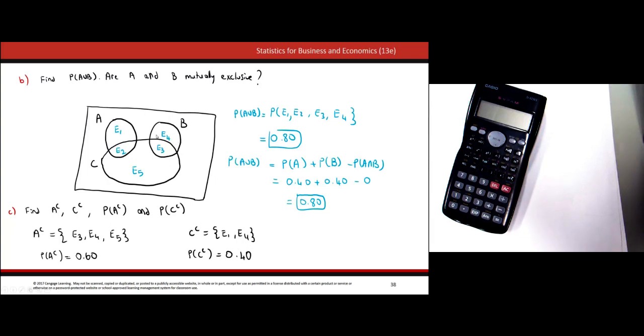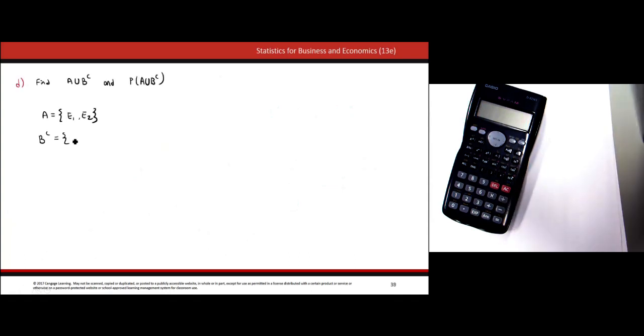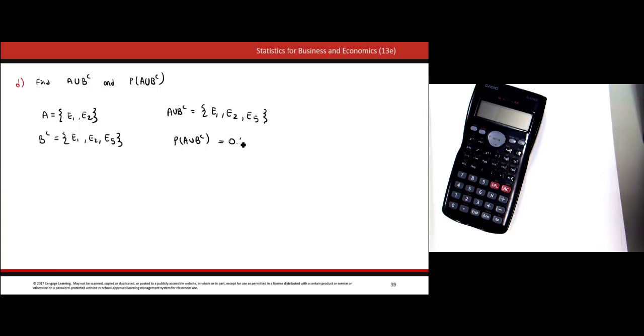All sample points that are not in B, E1, E2, E5. So then in A union B complement, we have E1, E2, E5. So probability of A union B complement is 0.6.